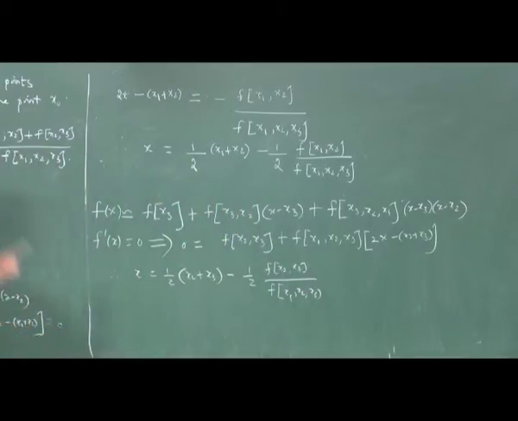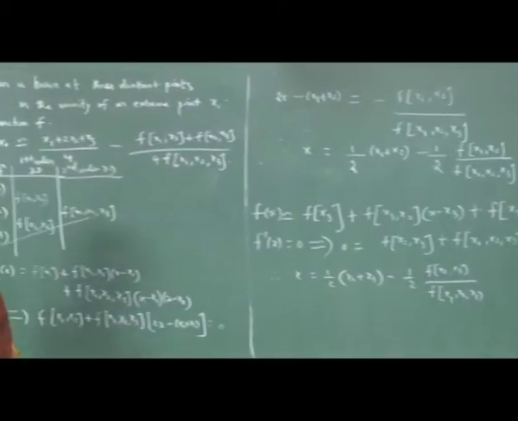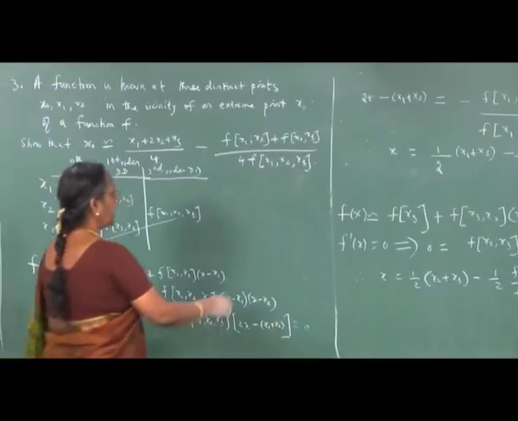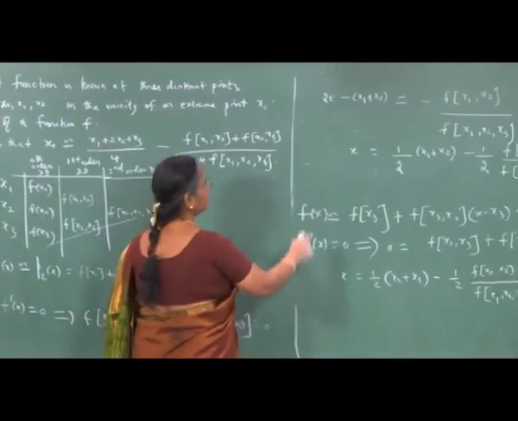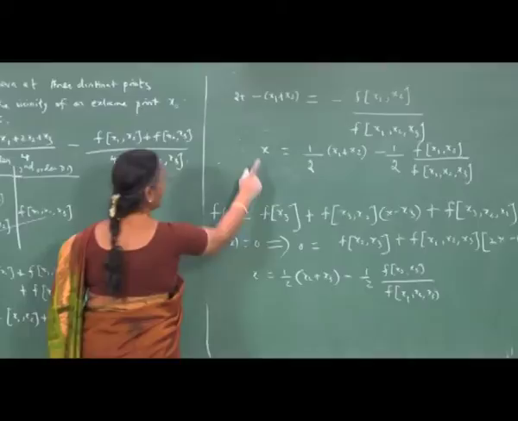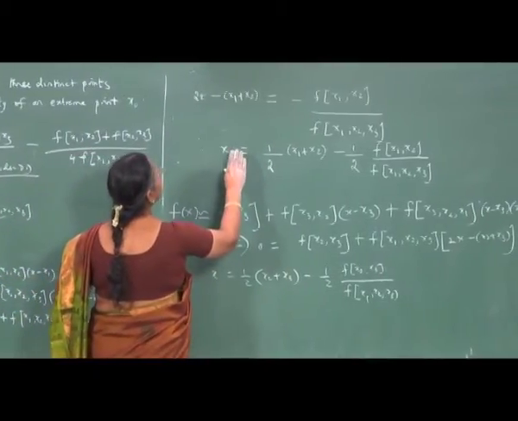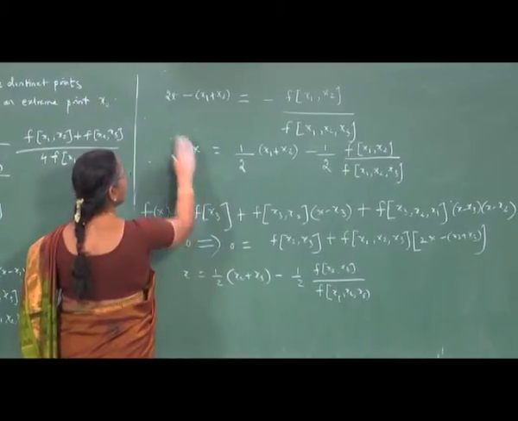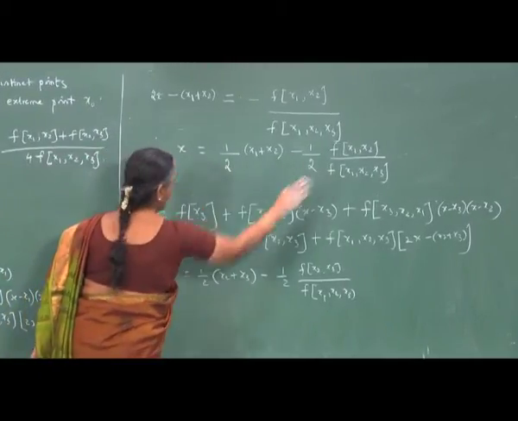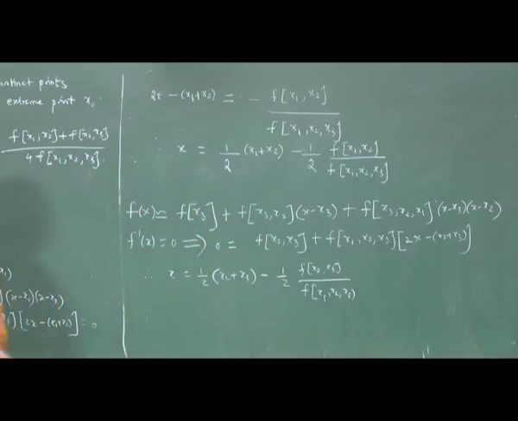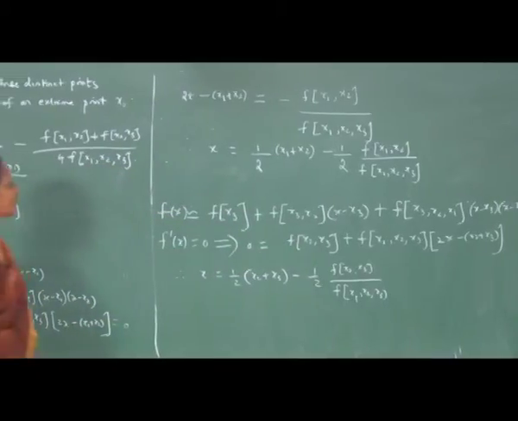So, f prime x is 0 when x is equal to this. So, at an extreme point, which I denote by x naught, we have x naught to be given by this as well as this. Both are approximations to the extreme point x naught.